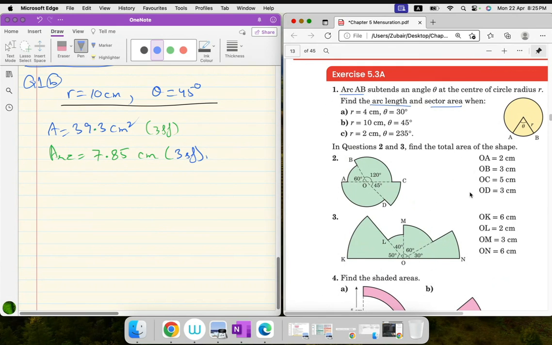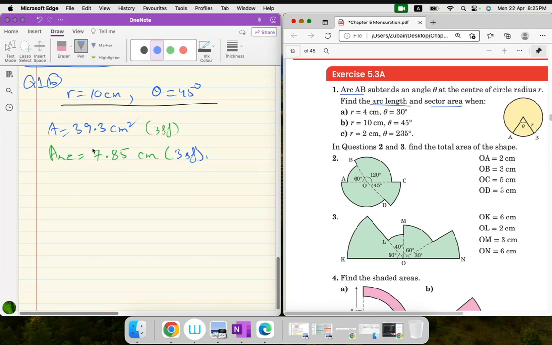OB and OD are equal. So basically we have 4 different sectors, and we add the areas of these 4 sectors.